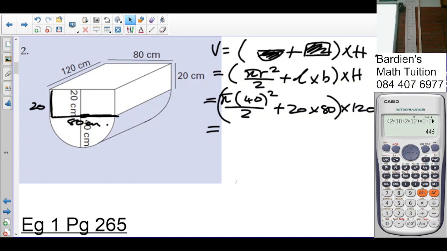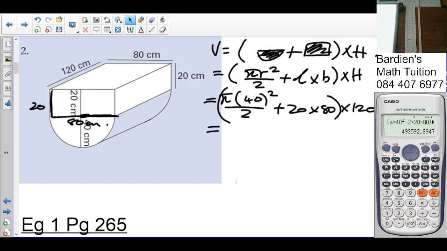It's going to be open brackets pi times 40 squared over 2 plus 20 times 80 times 120. Is that correct?